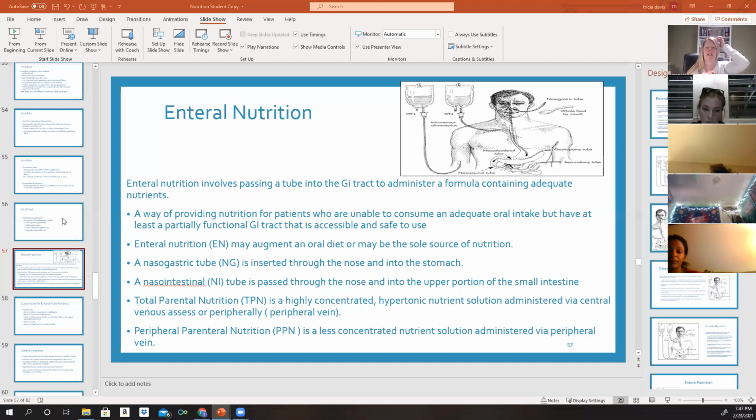So you will see patients, and a good example of these patients are patients that have cancer. Patients that have cancer of the throat or of the mouth will go through chemo, but they also have to go through radiation. Radiation in this area of the throat or anywhere in the face causes a lot of redness on the area, but it's very, very damaging to the inside, to the mucosa in the mouth and the lining of the throat.